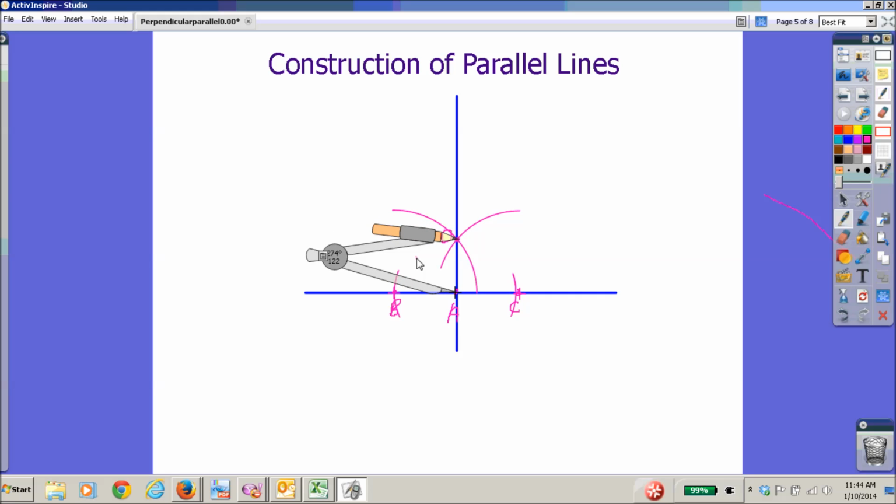Okay, so I measured AD and I'm going to arc the same length here. So now, just like what we did, I'm going to go back to A, increase it a little more than halfway, and then start arcing. I'm going to try and choose a different color this time.